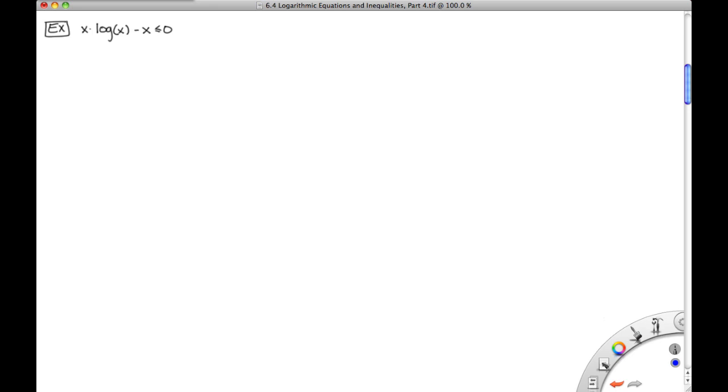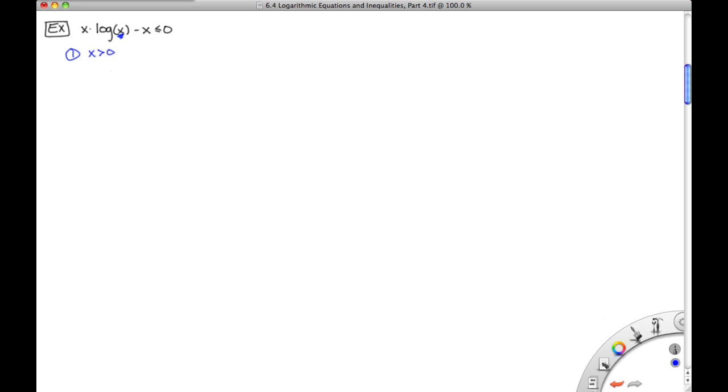Let's stick with our standard approach that we outlined at the beginning of the video. So we're going to look at our restrictions. Well, we've got one log function here, and the only restriction we're going to have on our domain is that the argument, namely x, has to be strictly positive. So this is a pretty easy one. We just have x has to be greater than 0.